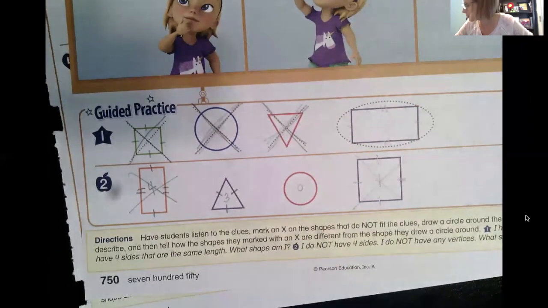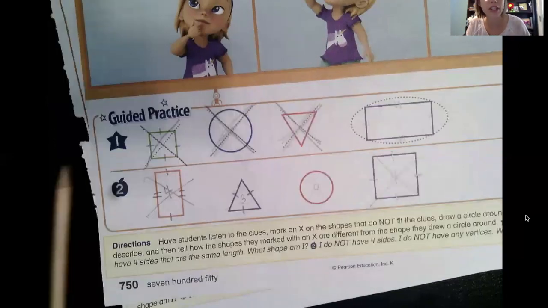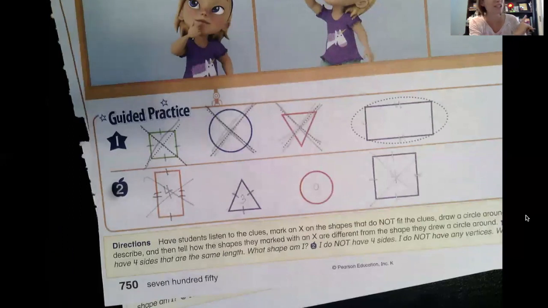Next clue. I do not have 4 sides, and I do not have any vertices. What is a vertex? If I'm looking for vertices, I'm looking for corners. The shape that we're going to circle has no vertices, no corners.